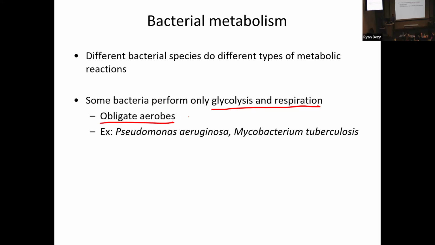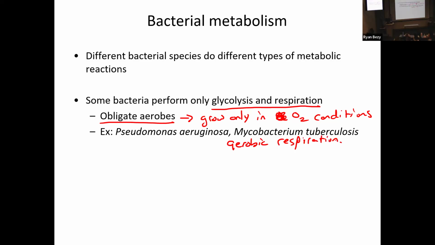What are obligate aerobes again? They grow only where? In O2 conditions. So they only grow if oxygen is around. And what they do is they specialize in aerobic respiration.